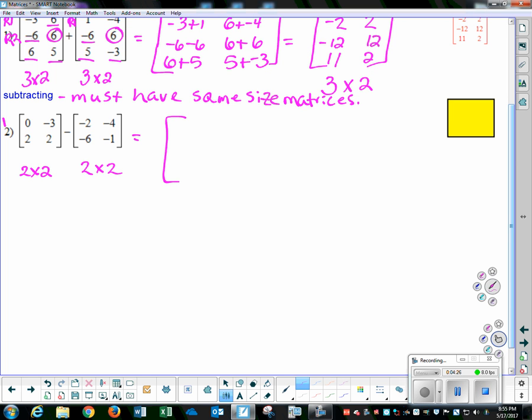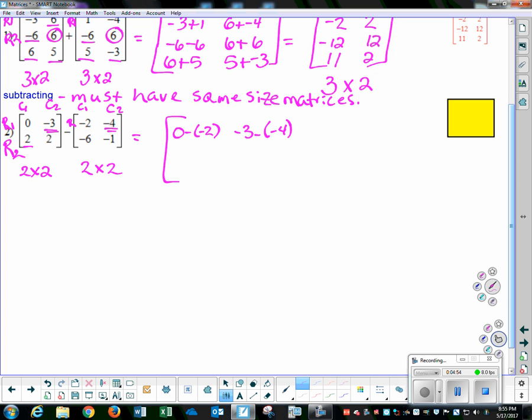And once again, we're going to be thinking row 1, column 1 with row 1, column 1. So 0 minus -2. I'm going to go row 1, column 2 with row 1, column 2. So -3 minus -4. Moving on down a row, row 2, column 1.